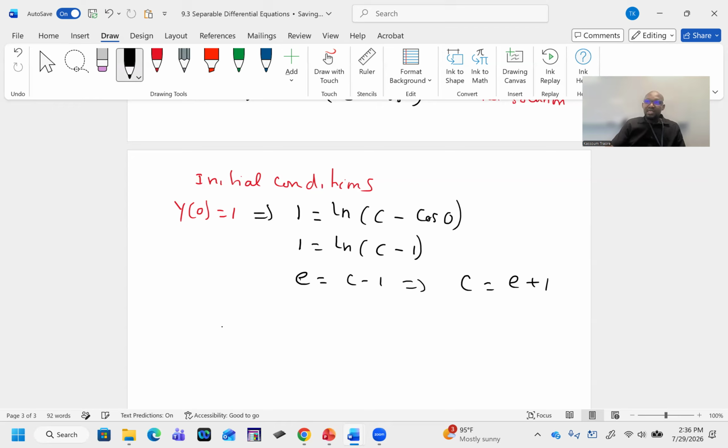So in that case, my initial solution will be y of x would be equal to ln of e plus 1 minus cosine of x, right?